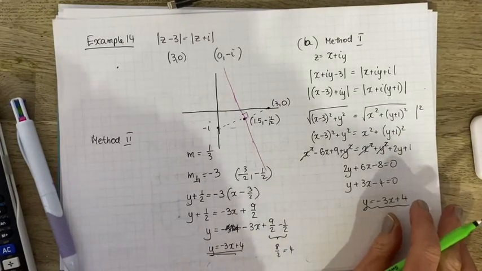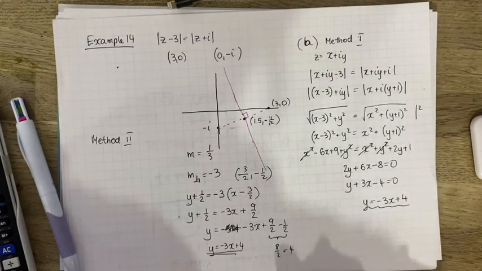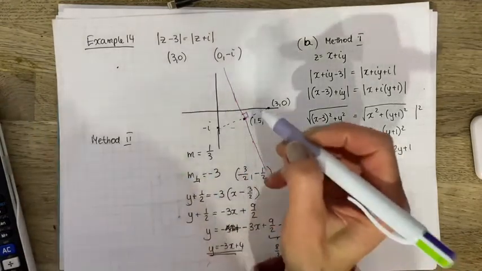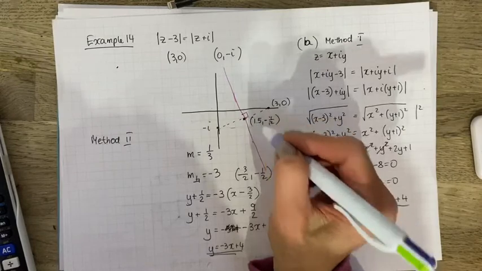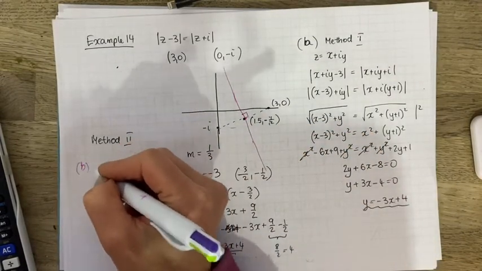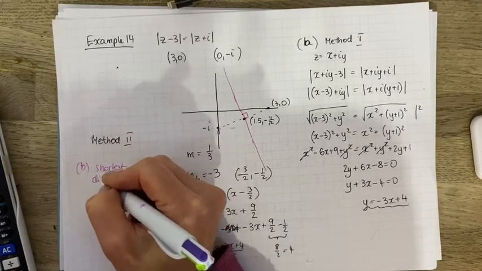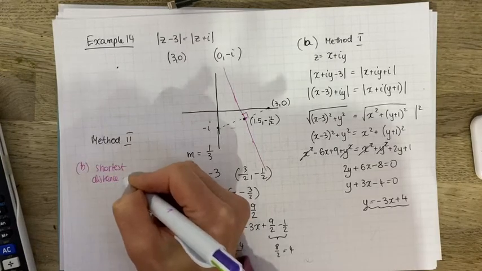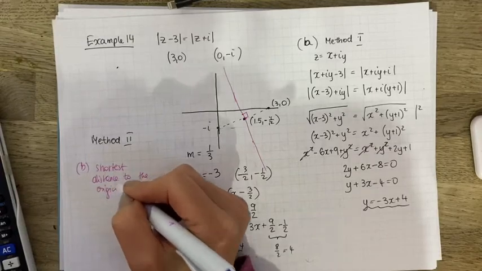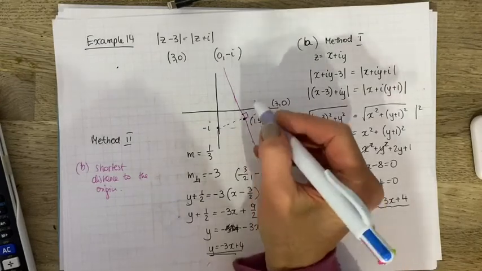Now for part B, we need to find the least possible value of modulus z. So we are talking about the smallest possible value of modulus of z. So you need to find the shortest distance to the origin. While I've got it drawn here, let's visually show what we're talking about.